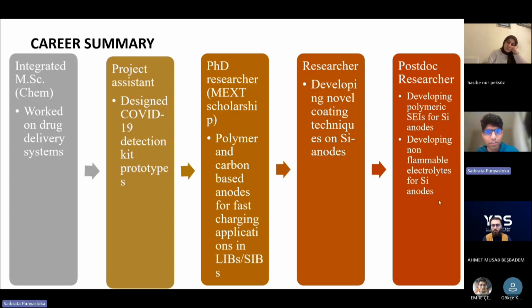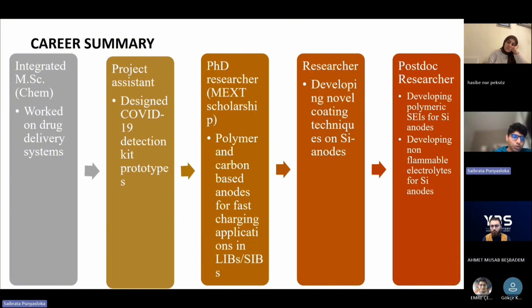I joined Uppsala University, and now I am working on developing polymeric SEIs. So what is an SEI? We know oxidation and reduction, right? Any material undergoes oxidation and reduction at a certain potential.